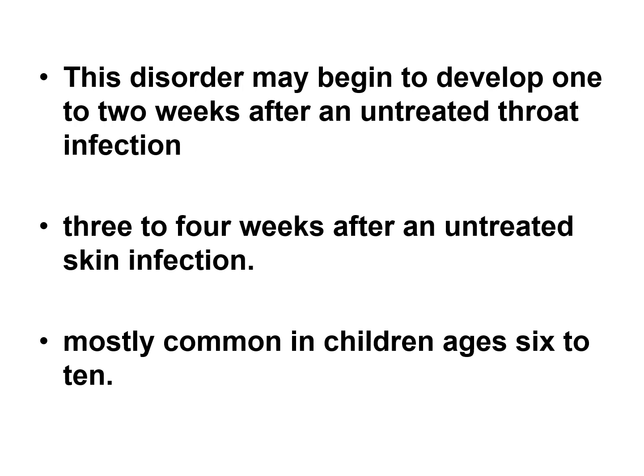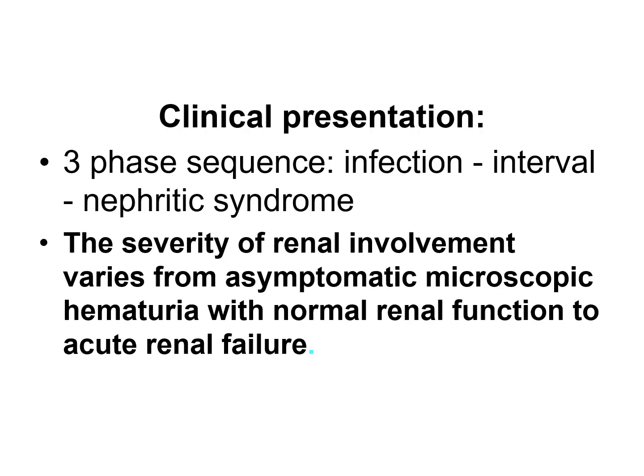But what is going to happen when the filtration product, or what we call the glomeruli, is involved, we are going to see inside the patient. So we should remember that there are 3 phases. The first phase is the infection that happened in the past history. Then we have a period, the interval, where there will be nothing. After that the patient starts having what we call a nephritic presentation, not nephrotic.